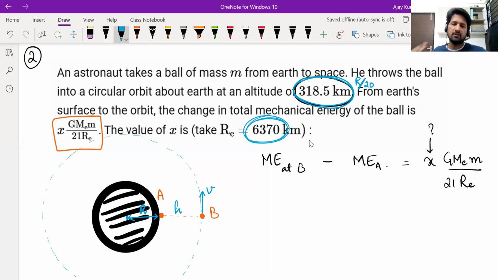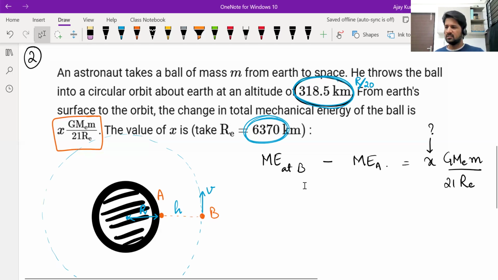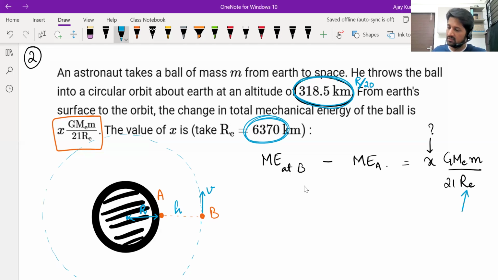So it is taken to that height. And again, this will also come with practice. It is easier to solve problems which are given in terms of the radius. So we'll solve everything in terms of radius only, because the final answer also is in terms of radius of Earth. So don't substitute that altitude 318.5 and try to get the answer. You'll be doing unnecessary calculations. There's a relation between those two. So take that height as R by 20.